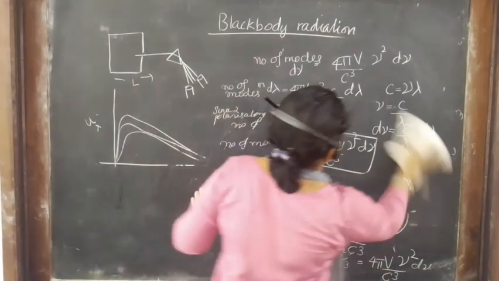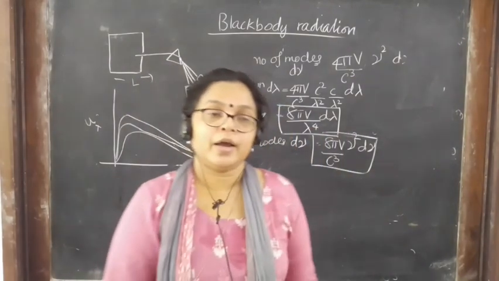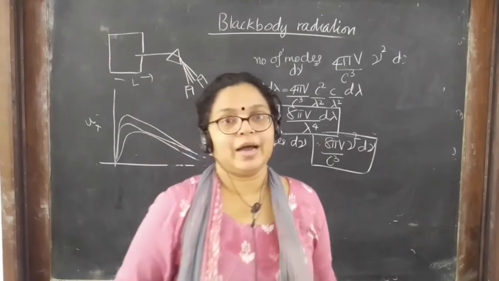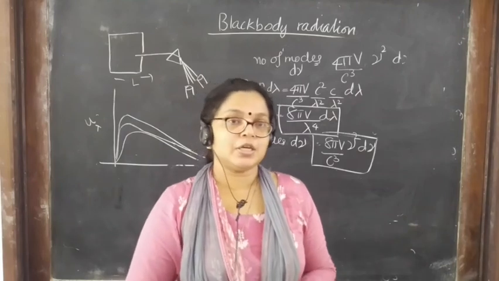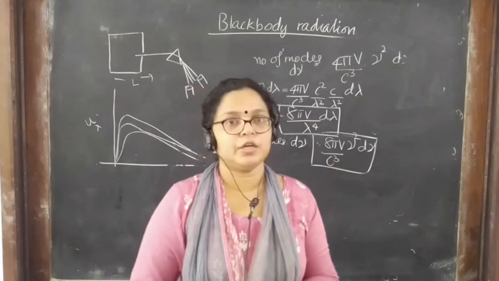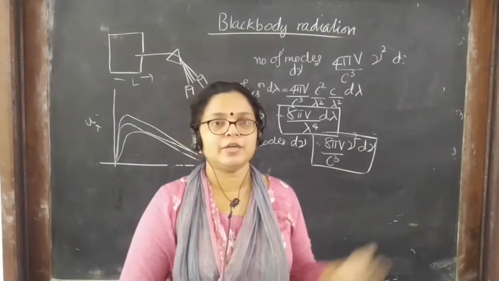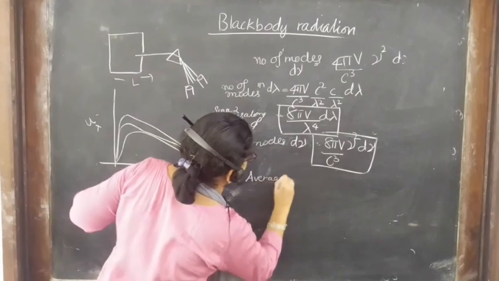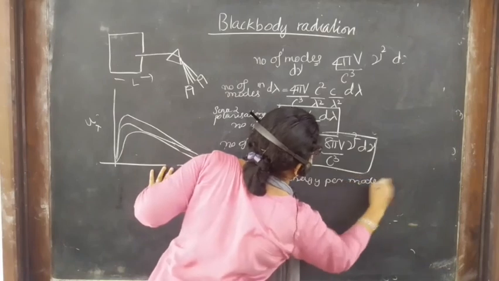Now, this many modes will be there. According to classical equipartition theory, each mode will have average energy kT. Equipartition theory assigns 1 by 2 kT for each type of energy or degree of freedom. Here there will be potential energy as well as kinetic energy, and it will be kT. So the average energy per mode is kT.